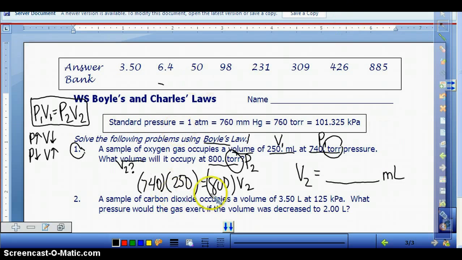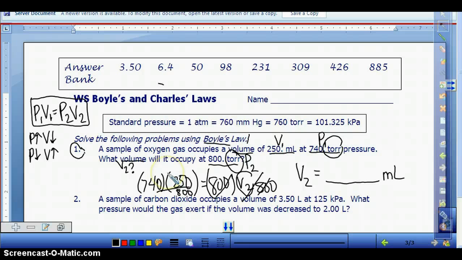Now to solve for V2, I'm going to need to divide both sides by 800 so that I get V2 by itself. I have to do the same thing over here. I don't have a lot of space, so I'm just going to squeeze it in. So on your calculator, you should put 740 times 250 divided by 800.